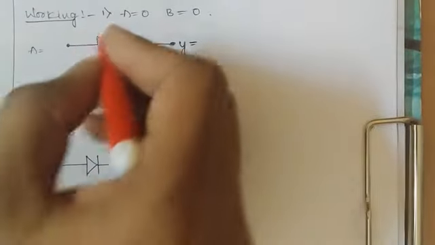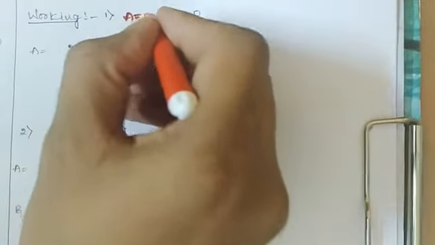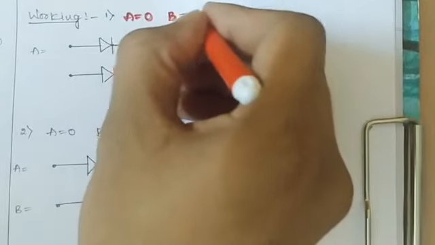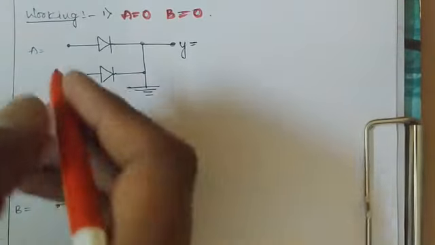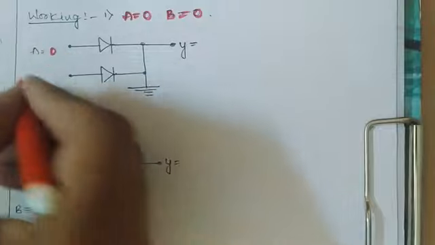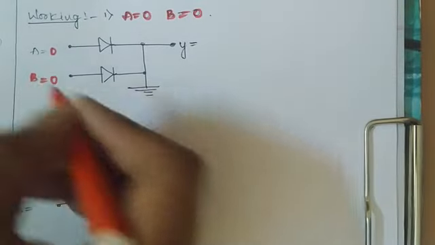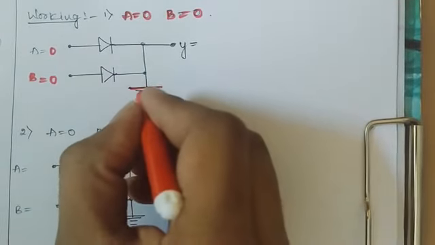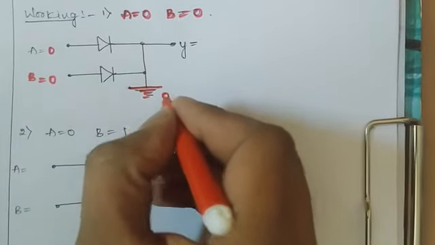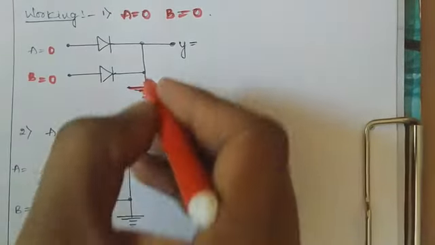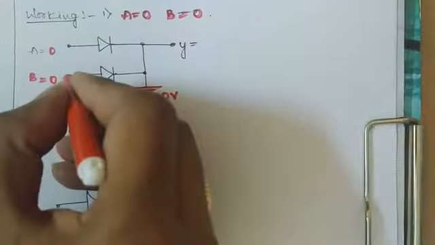Now the working. First case: input A is equal to 0 and input B is also 0. A is 0 volt and B is also 0 volt, since they are connected to earth.